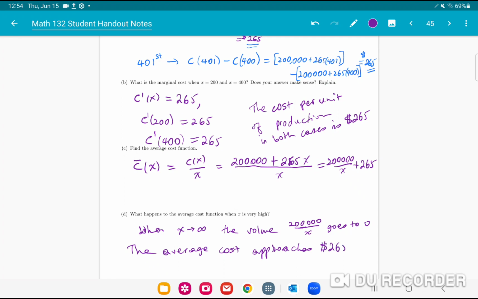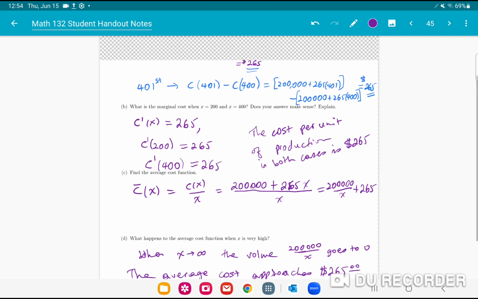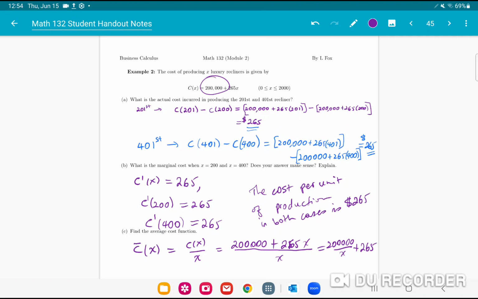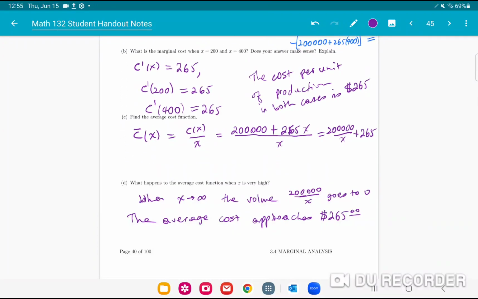Okay, so the more you produce, the closer to 265 you pay per unit, because again, this is fixed cost to set up the company, the factory, the machines. So as you produce more and more, per unit it averages out, and it gets closer and closer to $265 per unit.